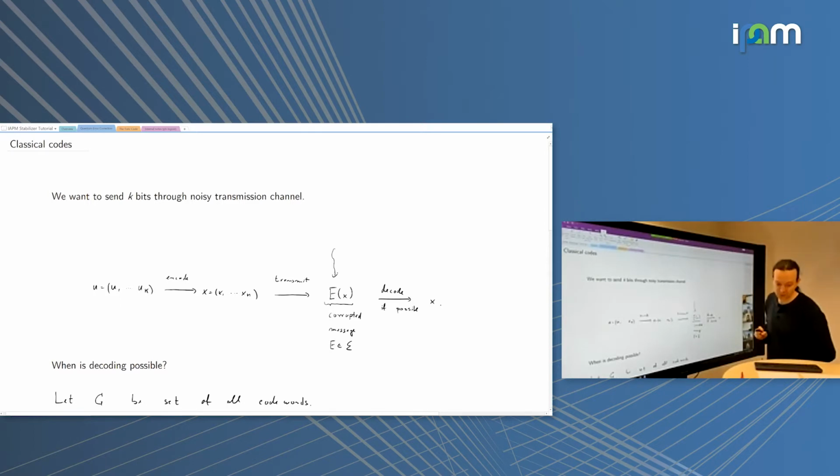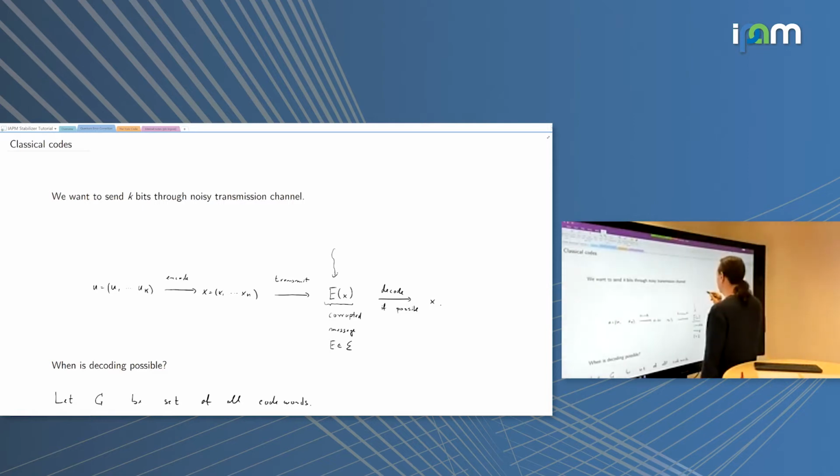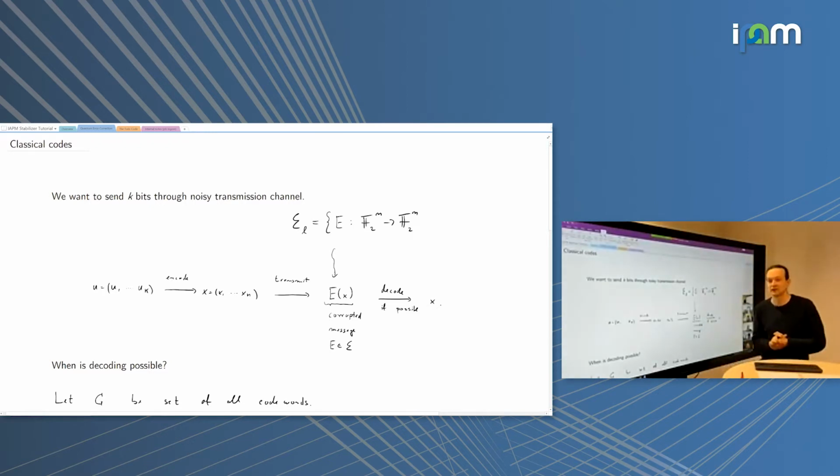And we will not get away without making some assumptions on the set of errors that occur. So let me write out the set of errors I want to consider, and they depend on some parameter, let's call it L. And the errors are functions that map bit strings to bit strings, so F2^n to F2^n, where I'm using finite field vector space notation for bit strings because I want to perform algebraic operations on them later.